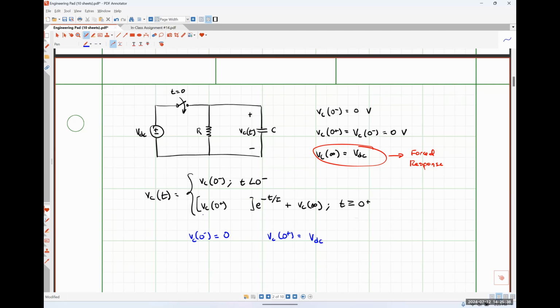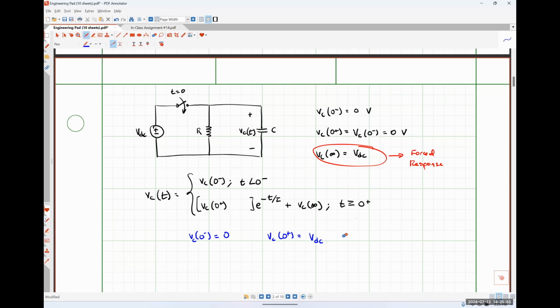So according to this equation, our capacitor voltage at t equals 0 plus is supposed to be VDC. But we know that can't be true because the capacitor voltage isn't allowed to change abruptly.